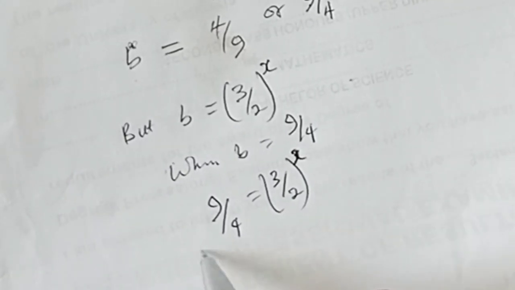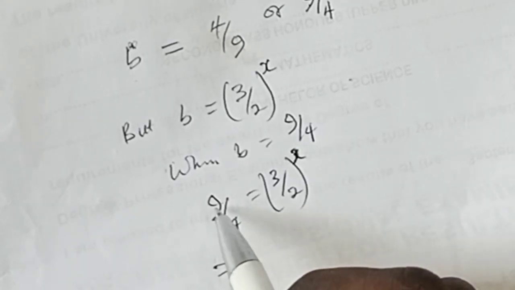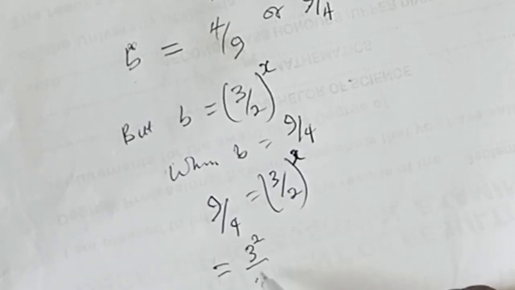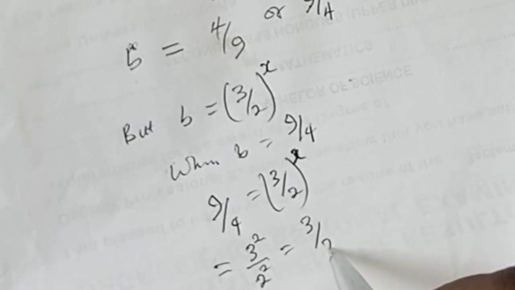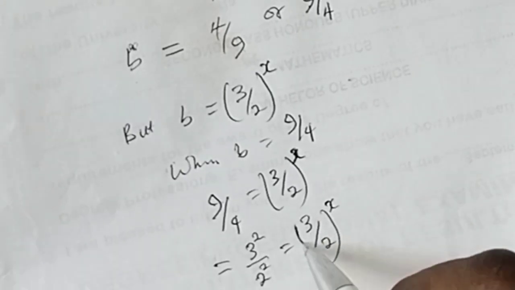Of course, we can split this. 9 is actually 3 squared, and 4 is 2 squared, so we have 3 over 2 all raised to power 2, equal to 3 over 2 all raised to power x.